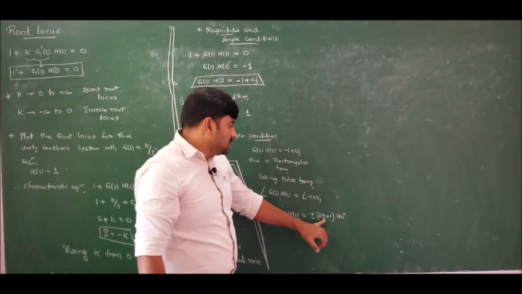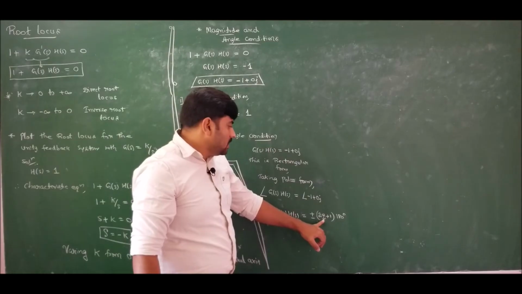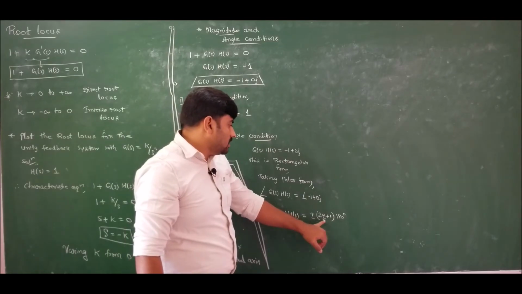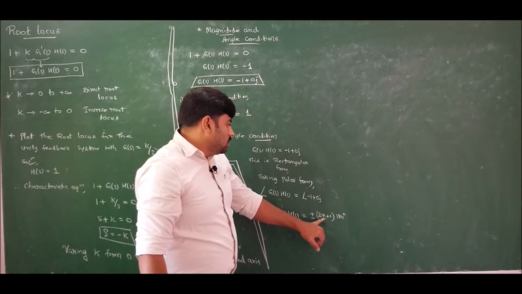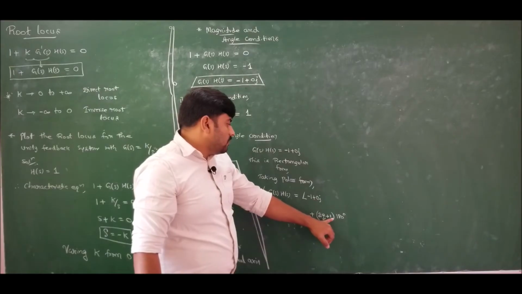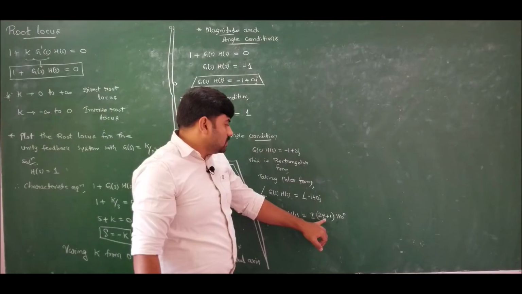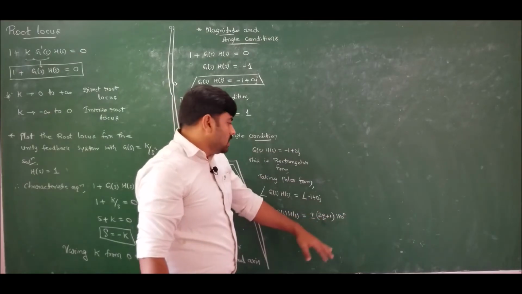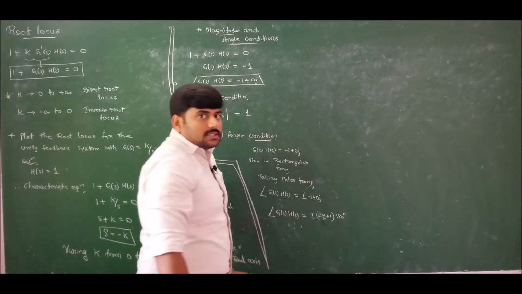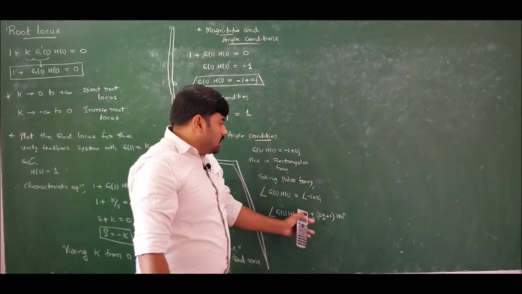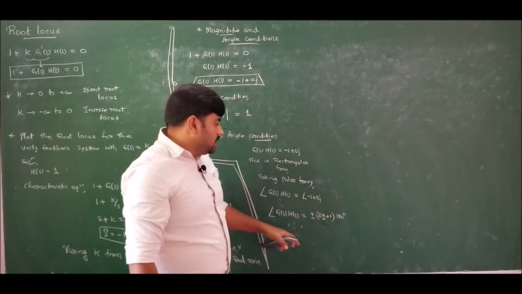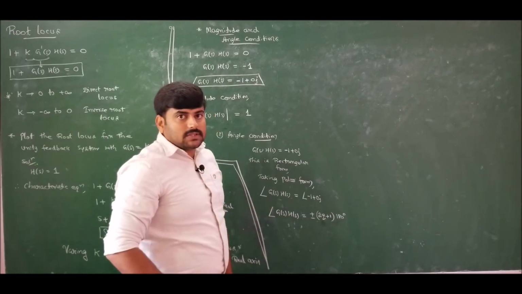Now put q is equal to 2 and check what you will get. 2 into 2 is 4, 4 plus 1 is 5. 5 into 180 degrees. Put q is equal to 1. You will get 2 plus 1 is 3. 3 into 180 degrees. So like that, if you get the angles that are odd multiples of 180 degrees, then the angle condition is satisfied.